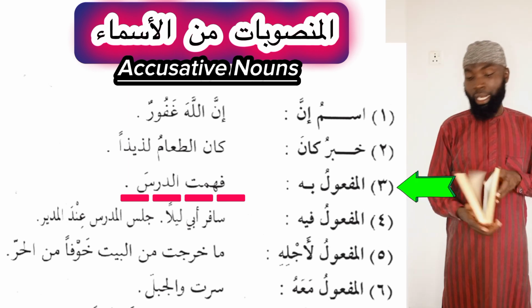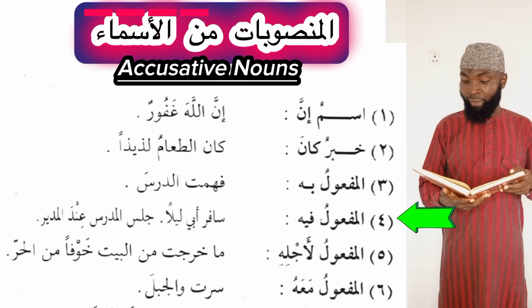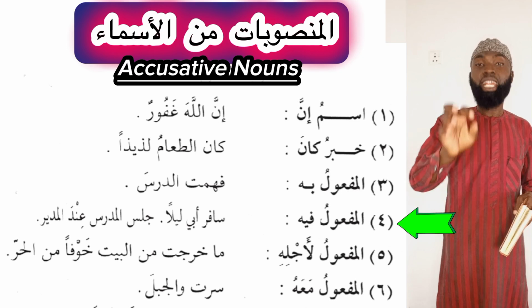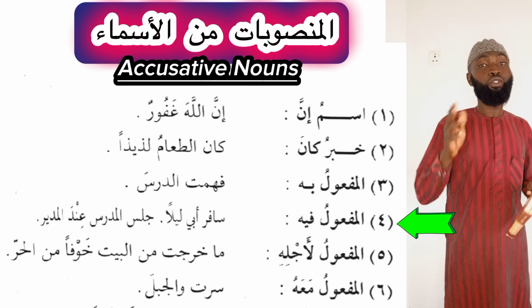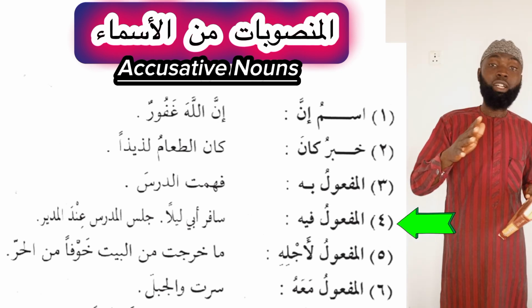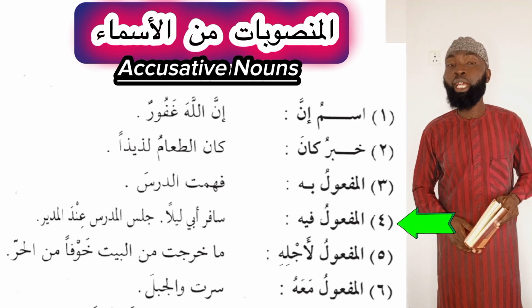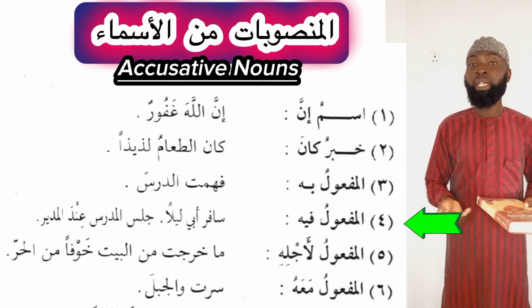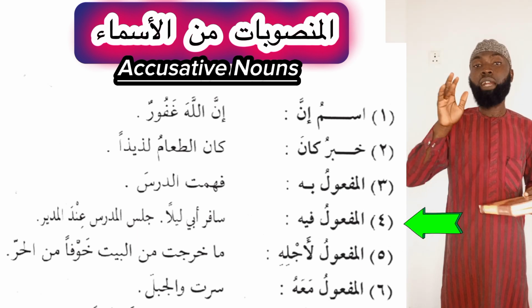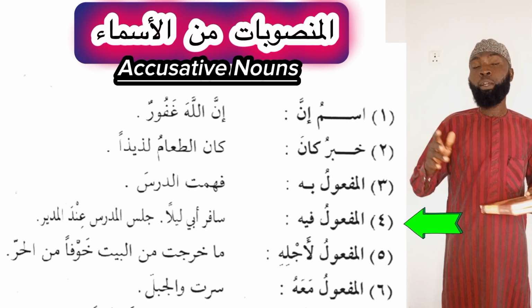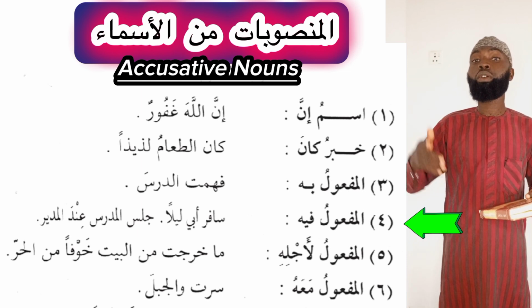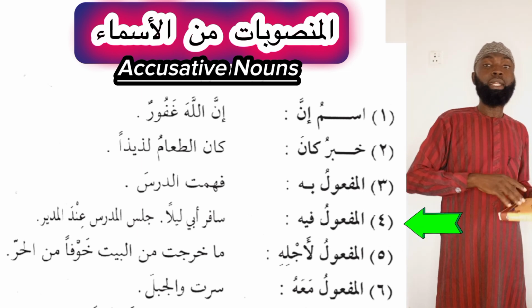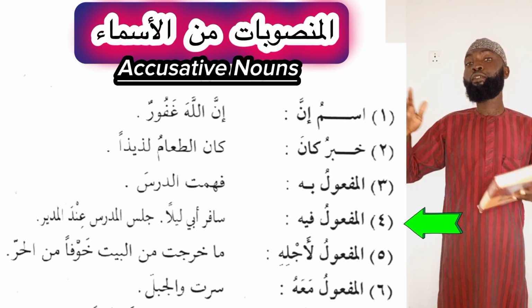Another category we have is the al-maf'ulu fihi. We have different types of objects. The other one we have is al-maf'ulu fihi, which is called the adverb generally. In this we have the adverb of time and the adverb of place, which we call zarfu zaman wa zarfu makan. Zarfu zaman, adverb of time.